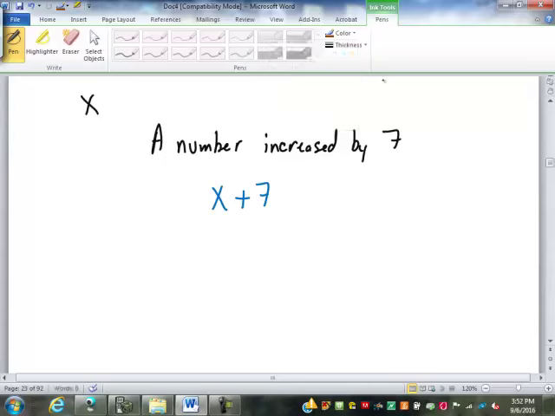Now, there are a lot of different phrases that could be used to signify this same thing, X plus 7. We could write "7 more than a number." Now, you might be looking at that and thinking, shouldn't that be 7 plus X? Well, 7 plus X and X plus 7 are the same thing, so it really doesn't matter. "7 more than" really implies that 7 has been added to something.